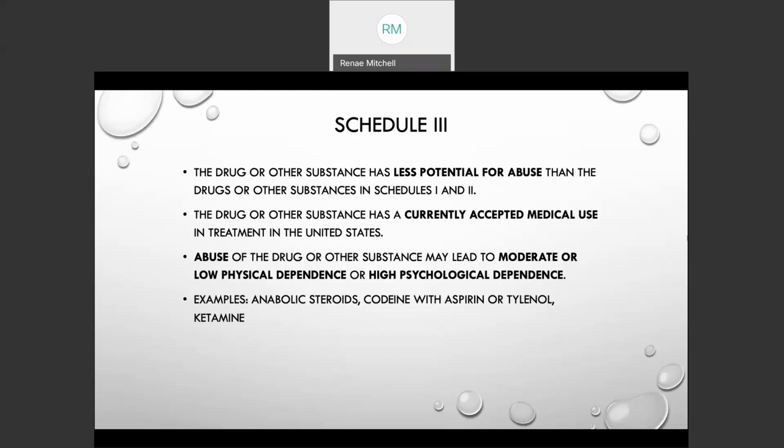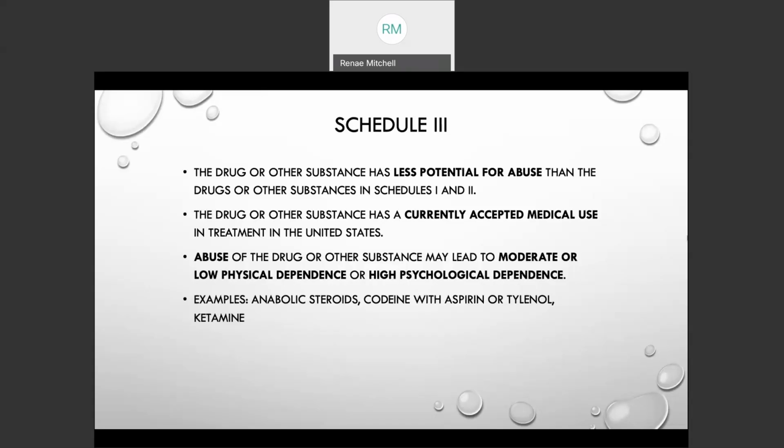Schedule 3 drugs, now we're starting to get to lessening some of the restrictions. So these substances have less potential for abuse than Schedule 1 or 2. They have a currently accepted medical use. And for the remaining schedules, those two facts will be true, that there's an accepted medical use and that they have less potential for abuse than the schedules before. Where this starts to vary is in the risk for dependence.